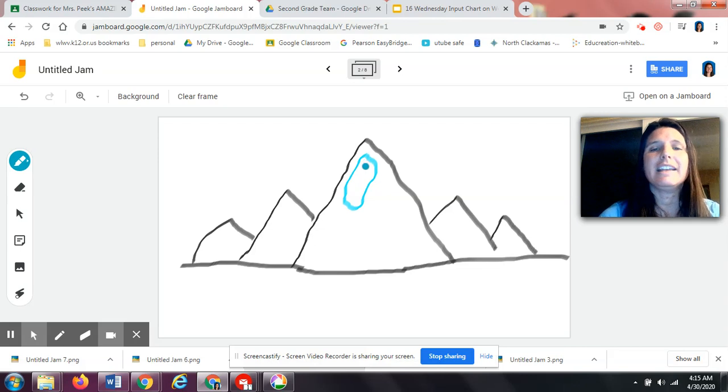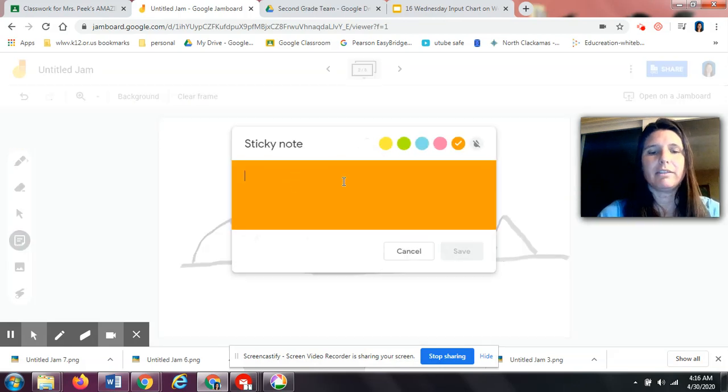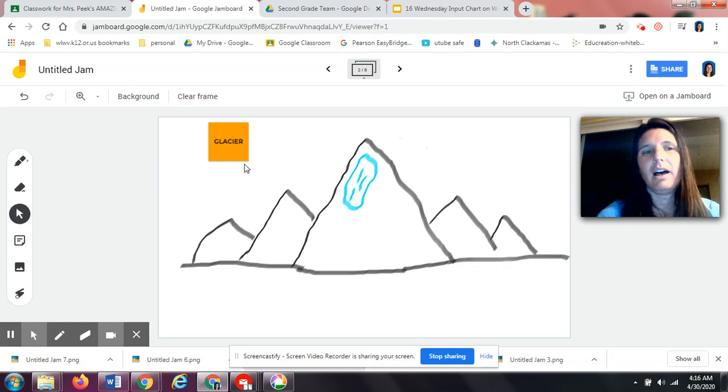And when that is applying so much pressure and it's scraping and rubbing against you, you will start to break down. And so now you have broken off from your mountain because of a glacier. So this type of weathering is glacier. We will have a chance to make glaciers in another lesson, maybe tomorrow.